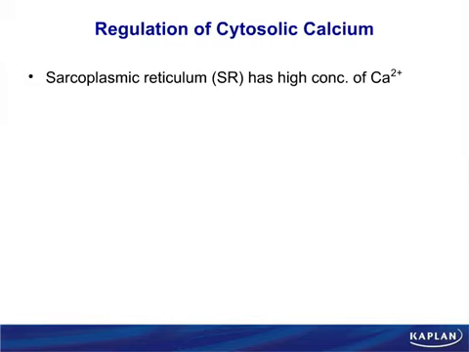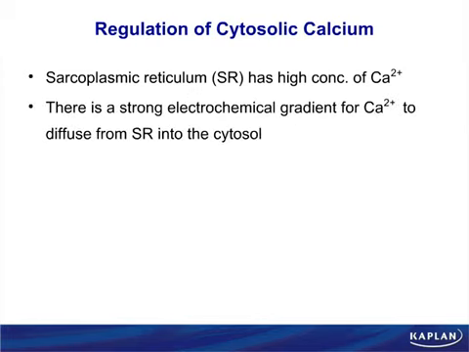But again, sarcoplasmic reticulum has a very, very high concentration of calcium. There's a huge, huge electrochemical gradient for calcium to diffuse from the SR into the cytosol. Now, this calcium coming in again initiates active tension, the power stroke. So let's discuss in detail the regulation of cytosolic calcium.